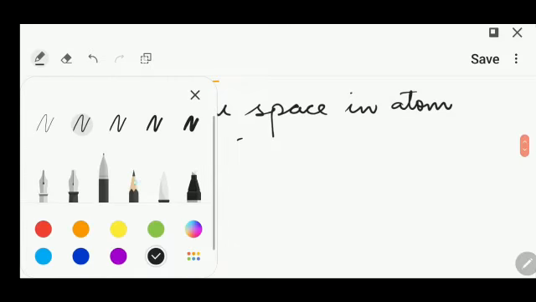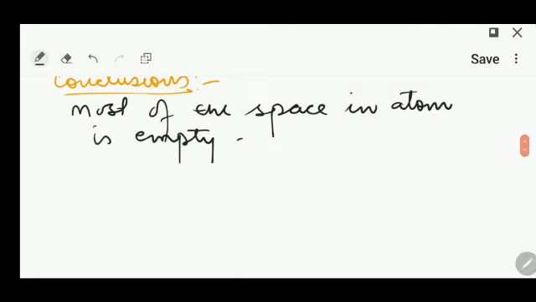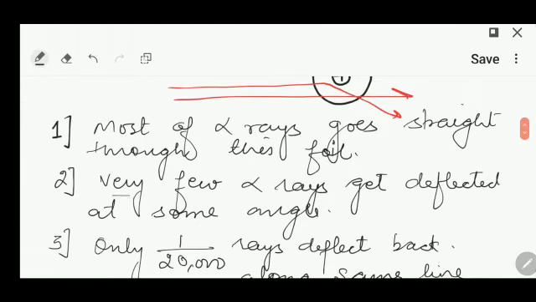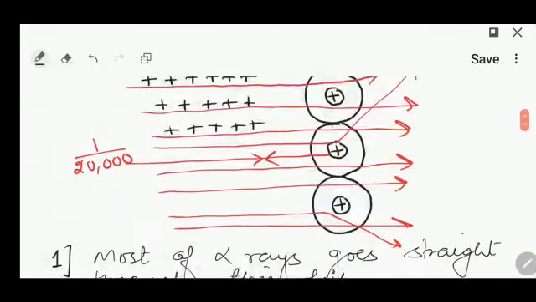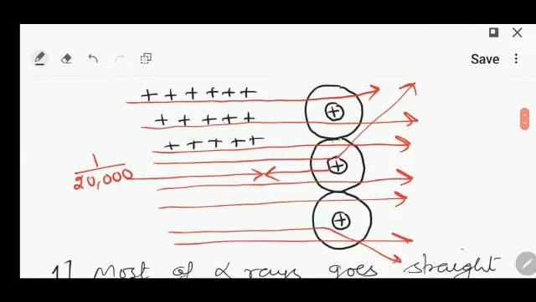What is the second conclusion? The second observation is that very few alpha particles get deflected at some angle. Why does this happen? This happens because alpha rays are positively charged particles and like positive charges repel each other.